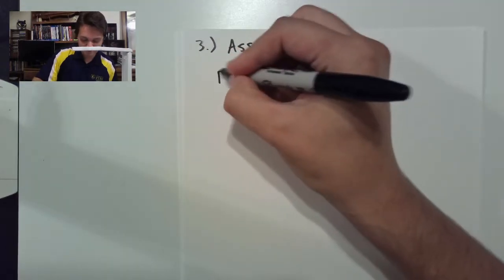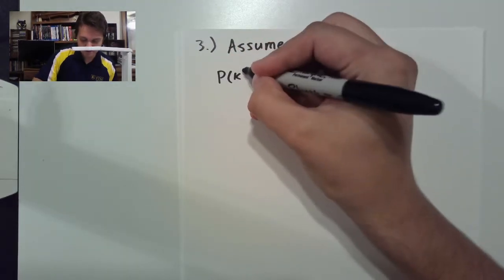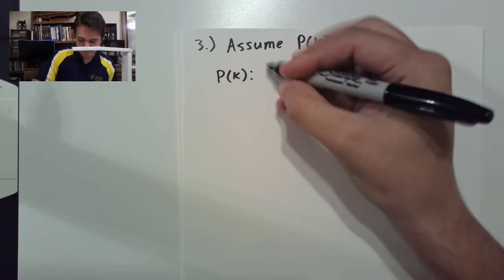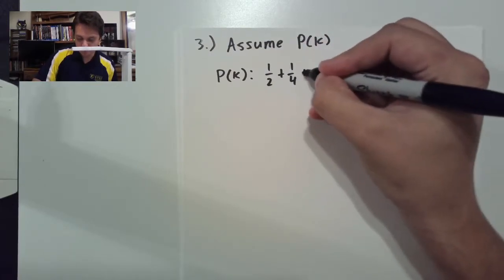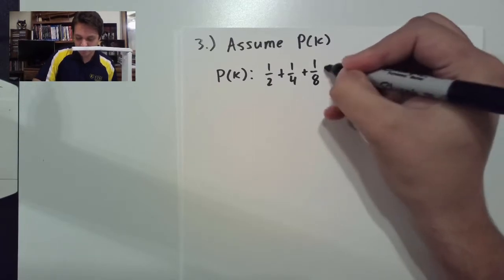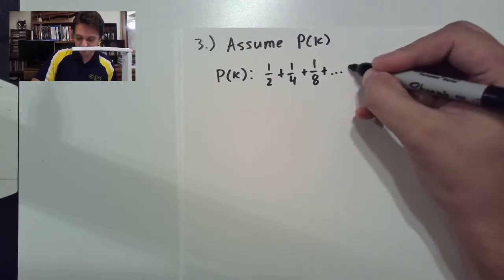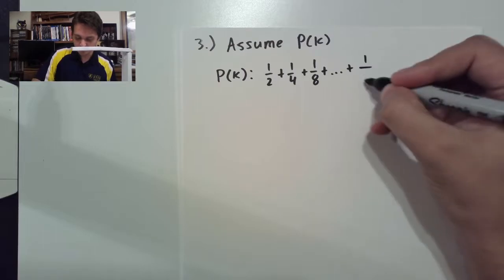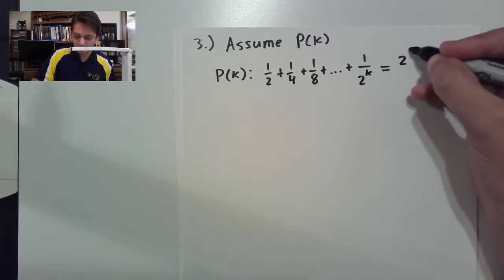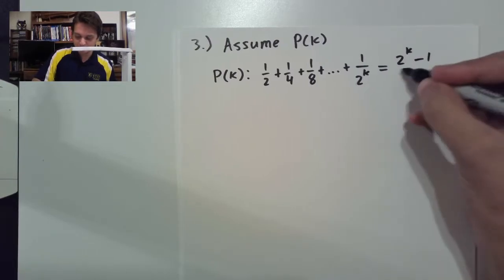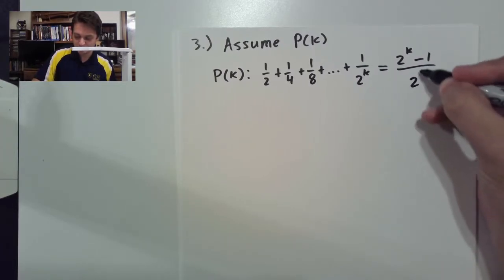We're saying that P of k is 1 over 2 plus 1 over 4 plus 1 over 8 plus all that other stuff, plus 1 over 2 to the k, is equal to 2 to the k minus 1 divided by 2 to the k.